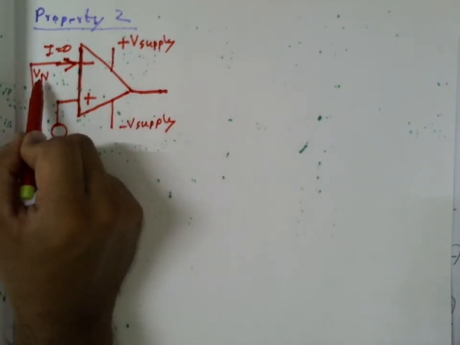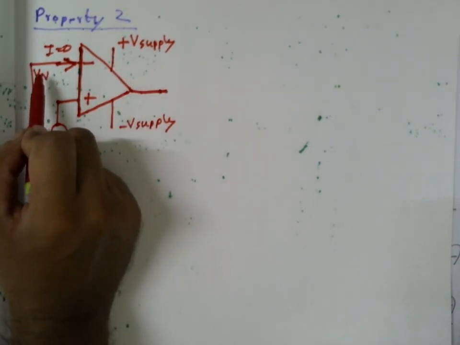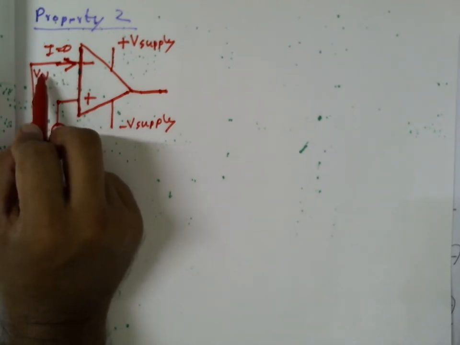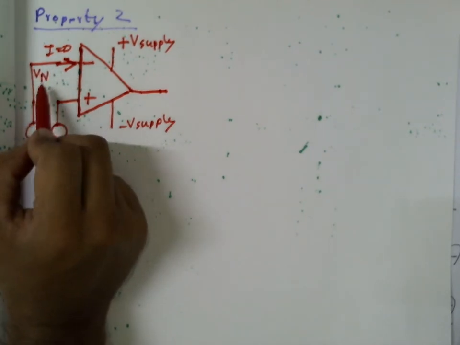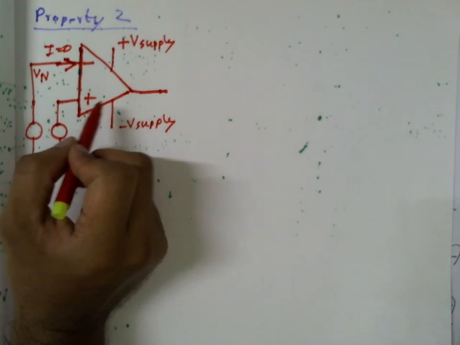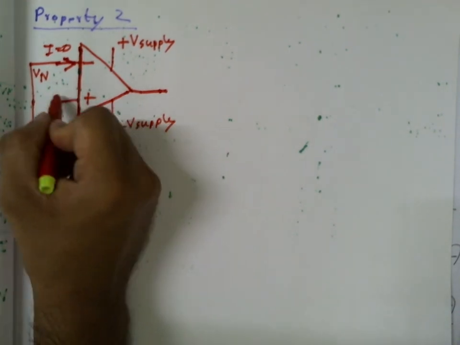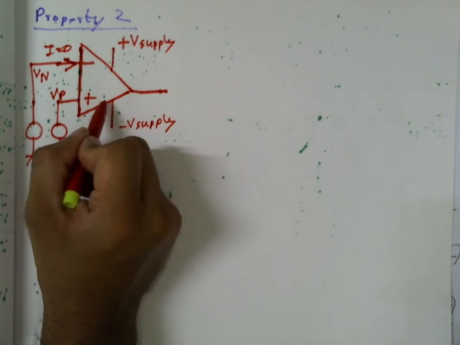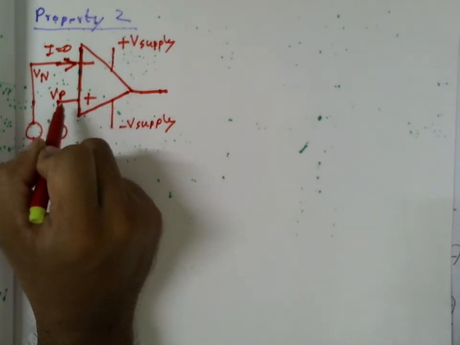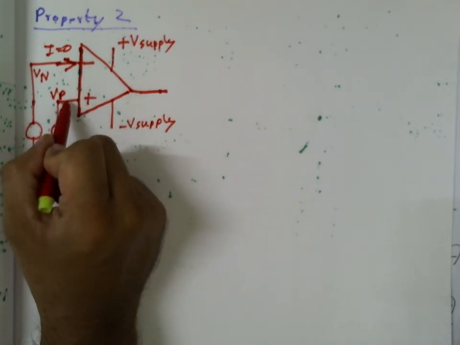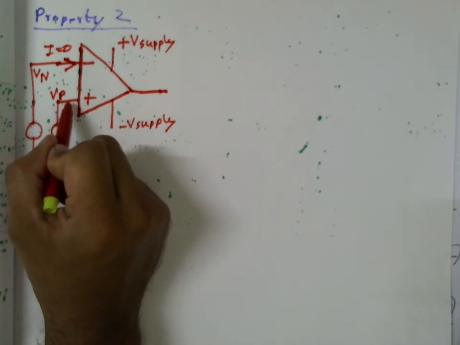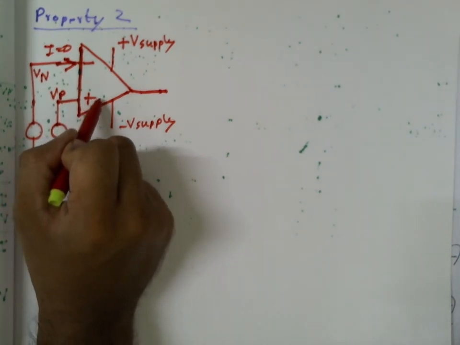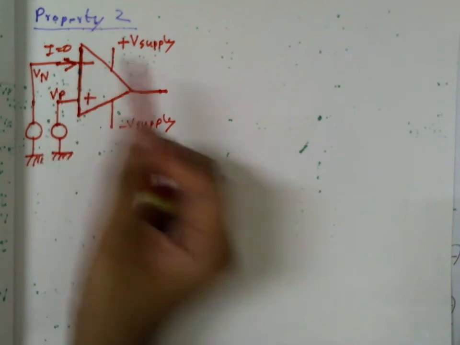No matter how large, how small, or positive or negative, whatever voltage you give here. Same for this terminal. Whatever is the value of Vp, no current goes in, no current comes out. So no current passes inside the triangle or comes out of this triangle.